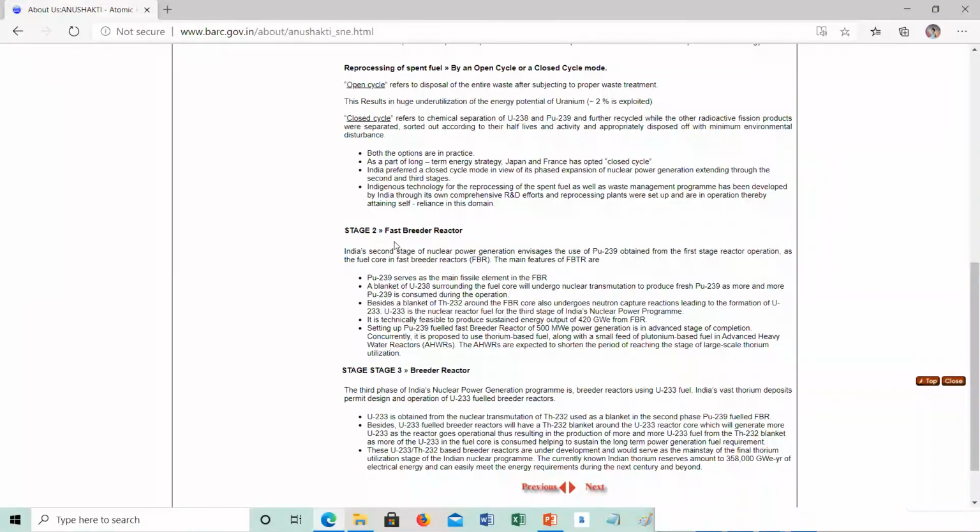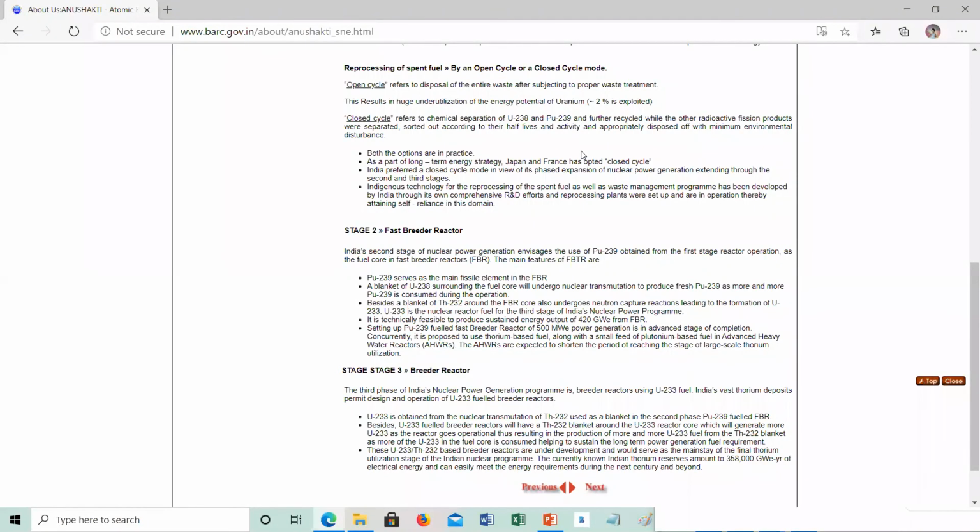In stage 2, fast breeder reactor, uranium-233 is developed. In the second stage of nuclear generation, plutonium-239 obtained from the first stage operation is used. In the first stage, uranium-235 is used as the fissile material and uranium-238 as the fertile material.